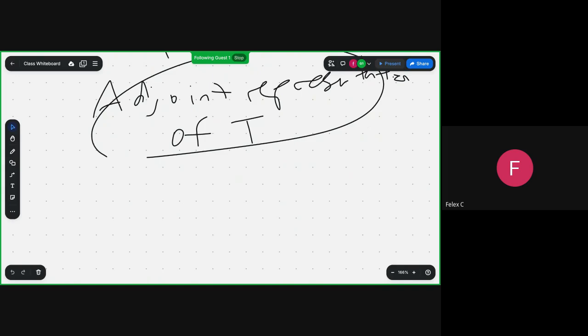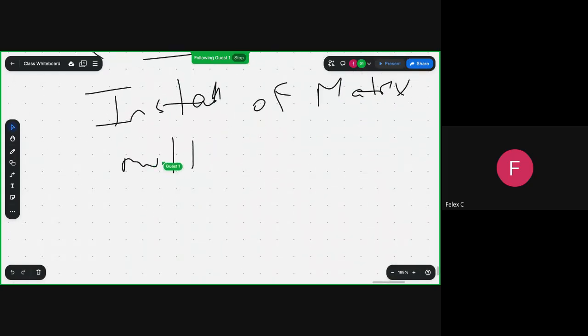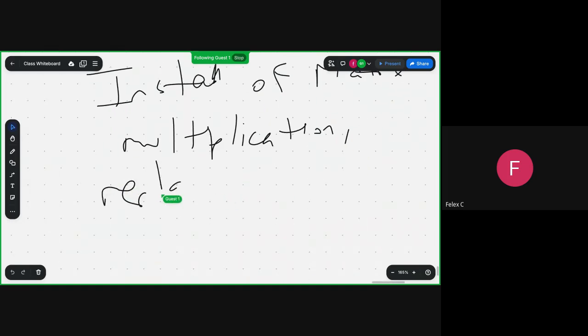The adjoint action: instead of matrix multiplication, which is what a lot of representations use, the adjoint action is the commutator.